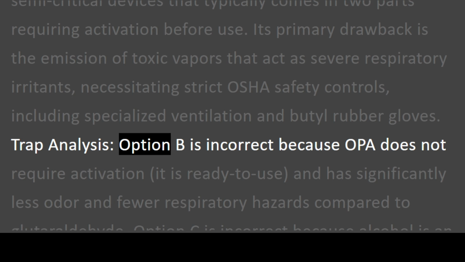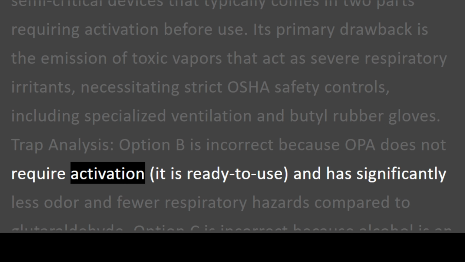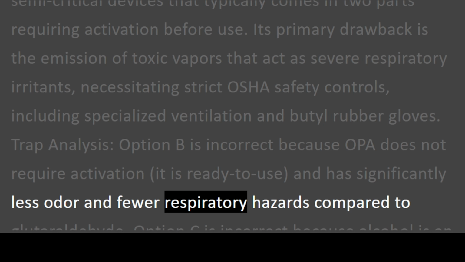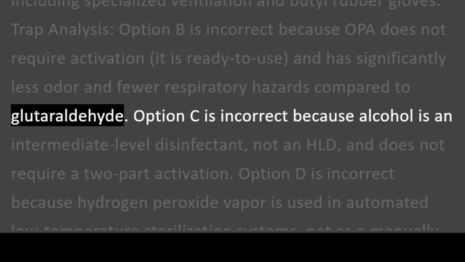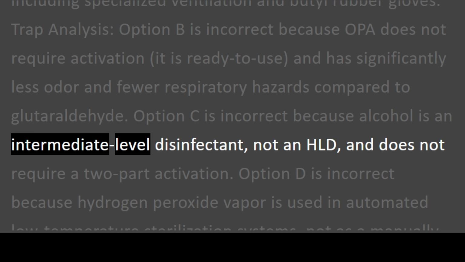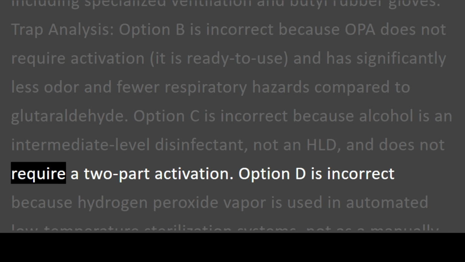Trap analysis. Option B is incorrect because OPA does not require activation, it is ready to use, and has significantly less odor and fewer respiratory hazards compared to glutaraldehyde. Option C is incorrect because alcohol is an intermediate-level disinfectant, not an HLD, and does not require a two-part activation.